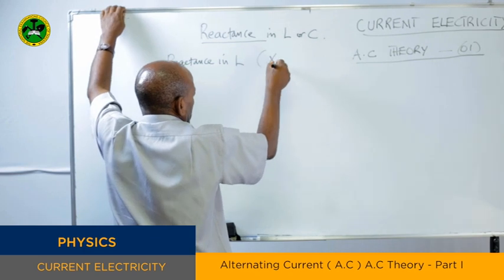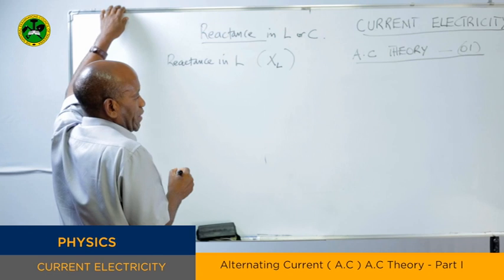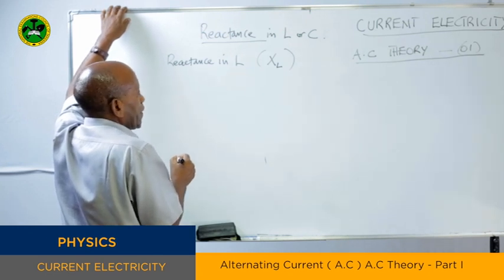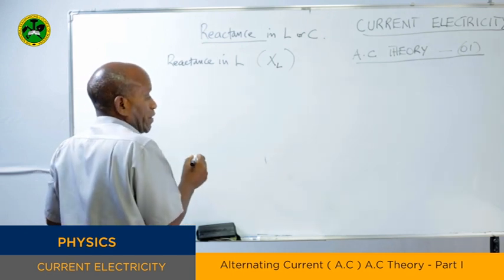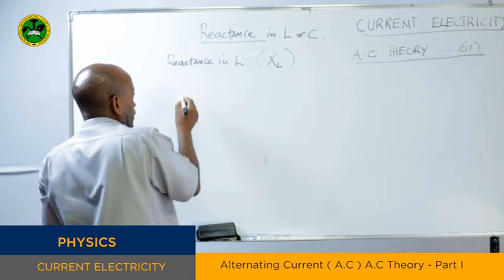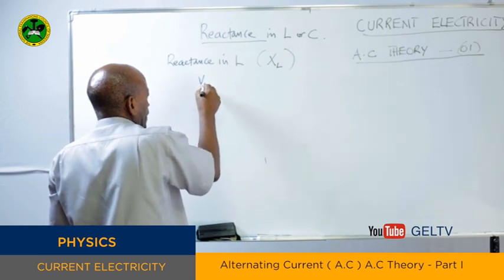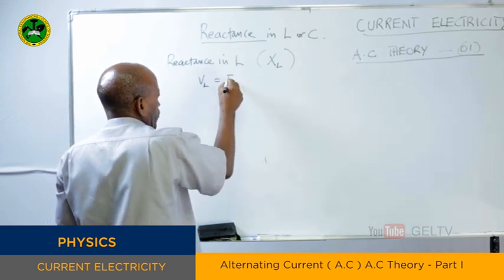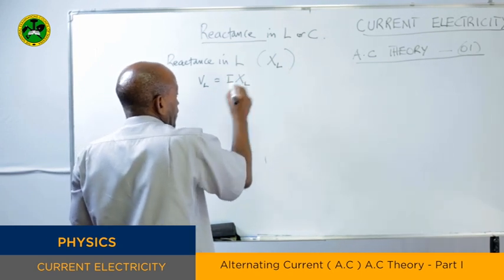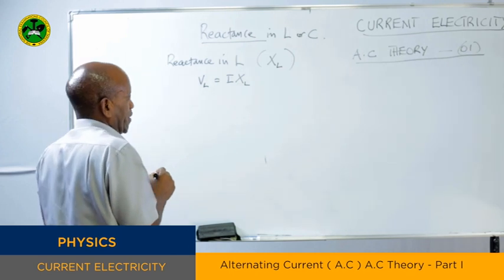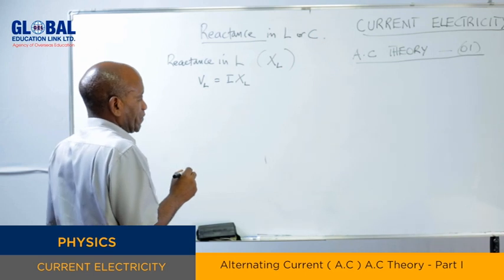We call this X sub L. This is the reactance in the inductor, and we'll find that the voltage through an inductor is equal to the current I times the inductive reactance.